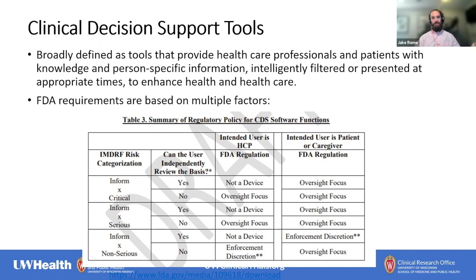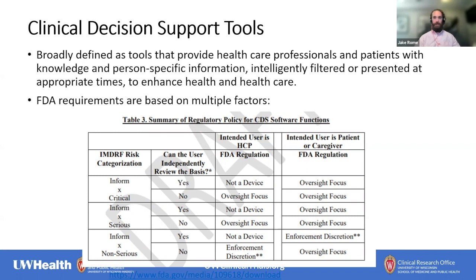It really depends on whether or not the healthcare provider is able to discern why the clinical decision support tools are making those recommendations. And so it gets pretty complicated. So when you're talking about treatment algorithms, that's when we're getting into, is it clinical decision support software? Is it regulated by the FDA?